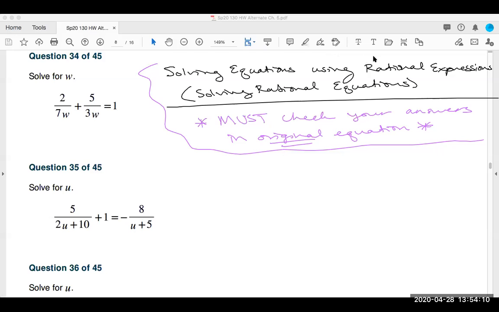Okay, so let's go ahead and start number 34 down here. I will definitely need some more space. So first thing, you want to get a common denominator. That's one way. Remember, you can also multiply your entire equation by the LCD, and it works out just fine. So let's first find the LCD.